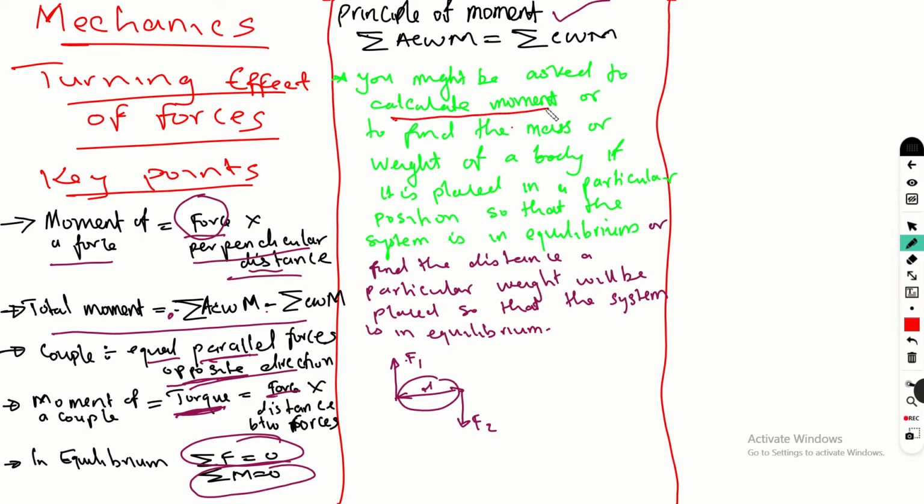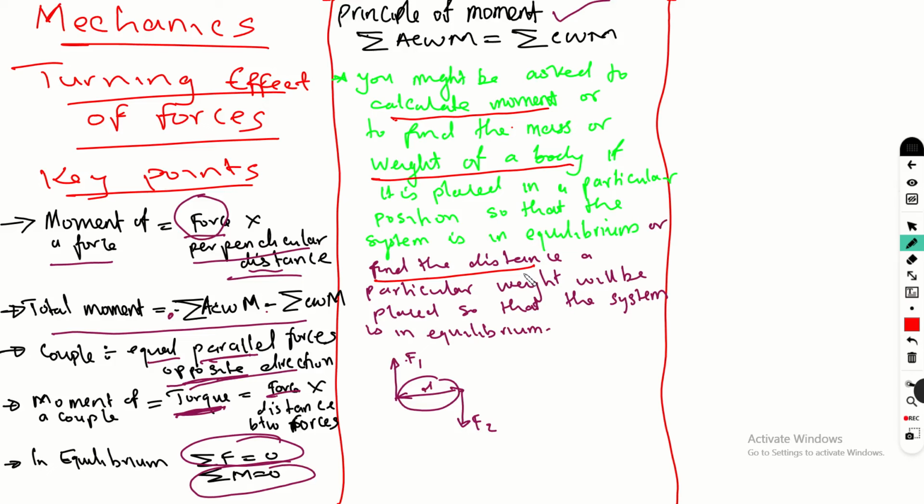They'll also give you a system and ask you to calculate the weight of a body when placed at a particular distance, such that the system is in equilibrium. Or they may ask you to calculate the distance itself.